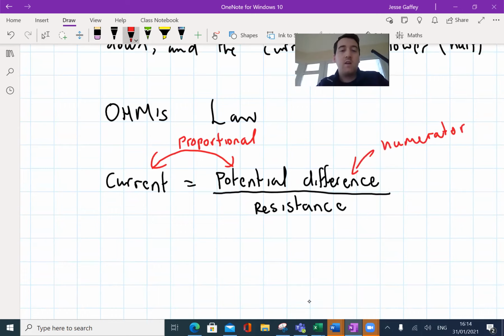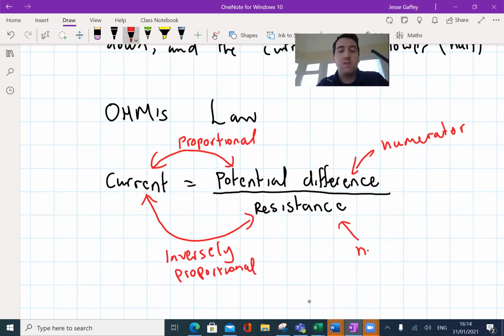When we have an indirectly proportional or inversely proportional relationship, it will be a denominator in an equation like this. This is what we call the denominator of a fraction.